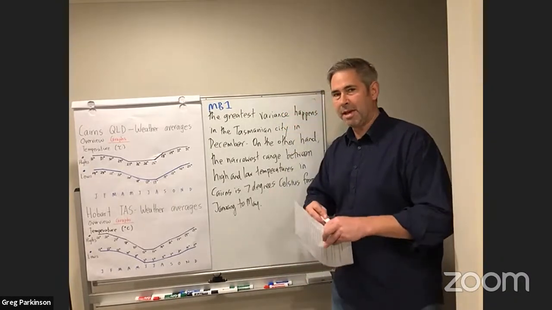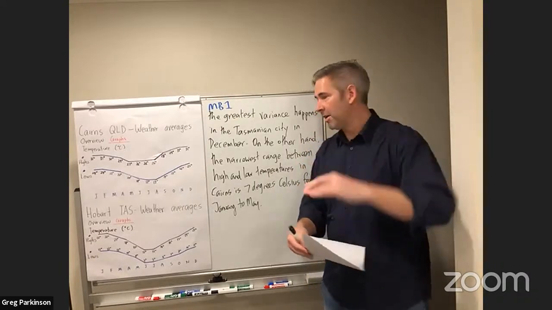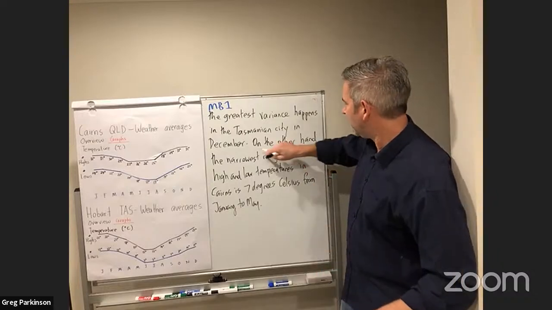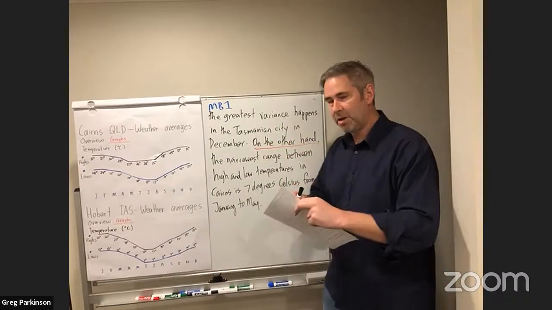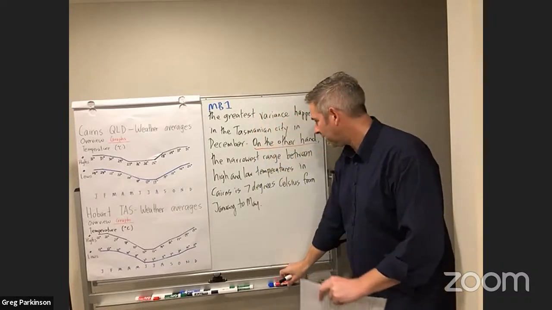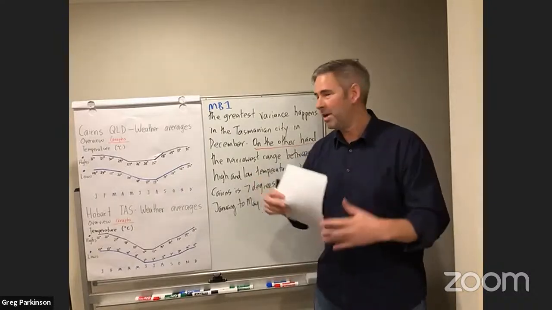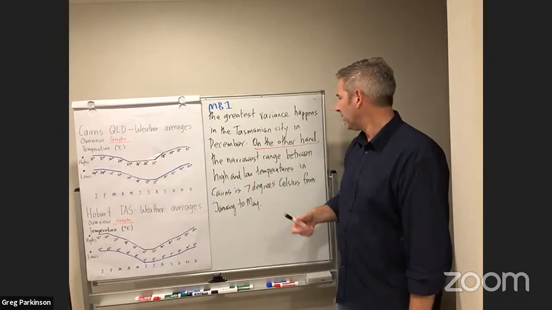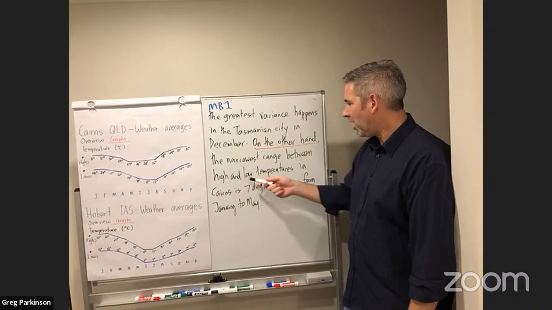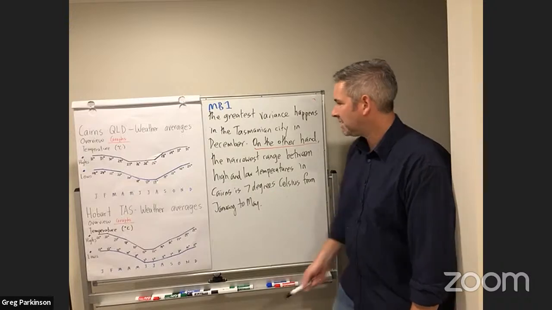Right, so I just made a point about the biggest difference between high and low. This is why I've used the cohesive device on the other hand. So now I'm going to talk about the narrowest or smallest difference, right? So I'm using expressions like narrowest range just to use a variety of vocabulary, right? So on the other hand, the narrowest range between the high and low temperatures in Cairns is 7 degrees Celsius.